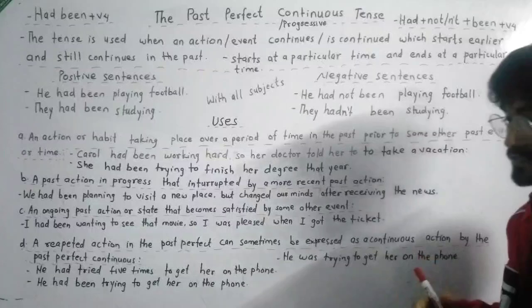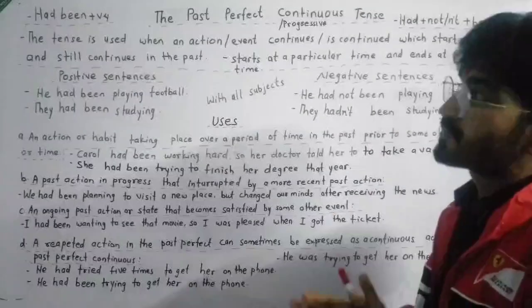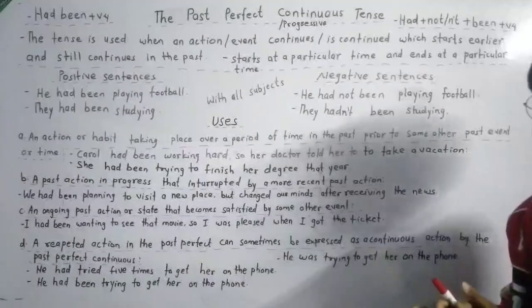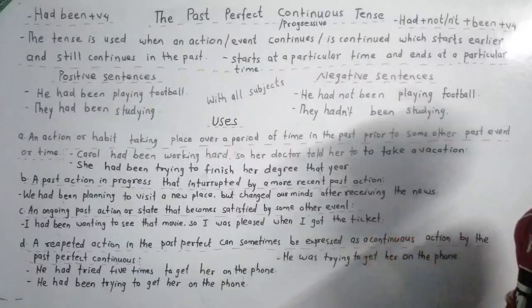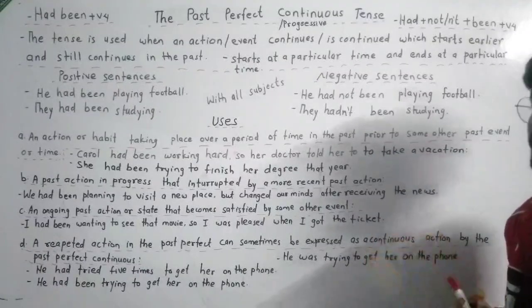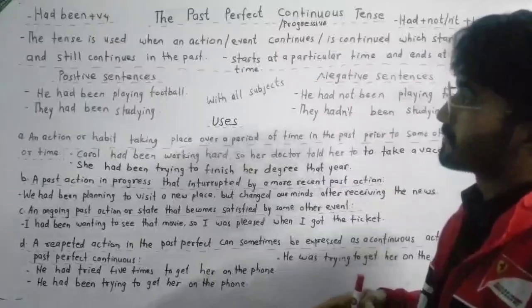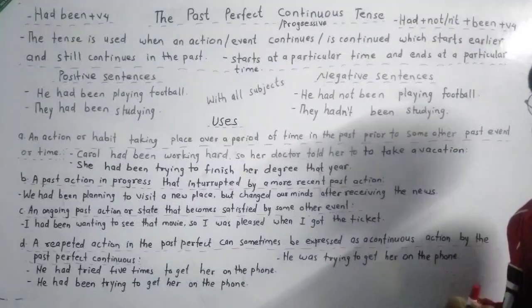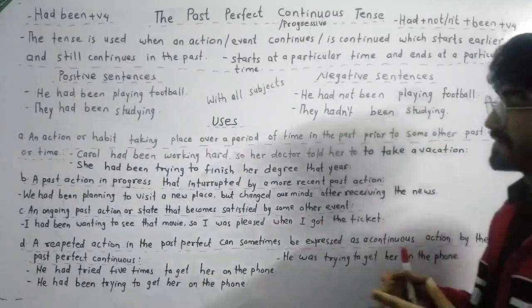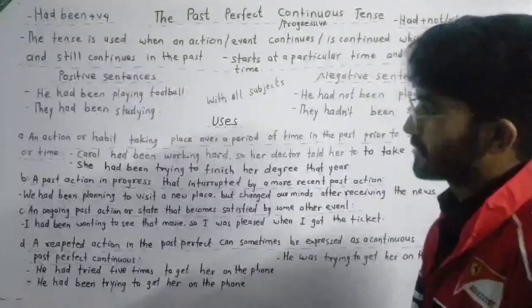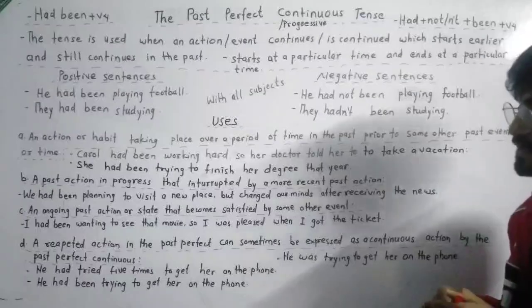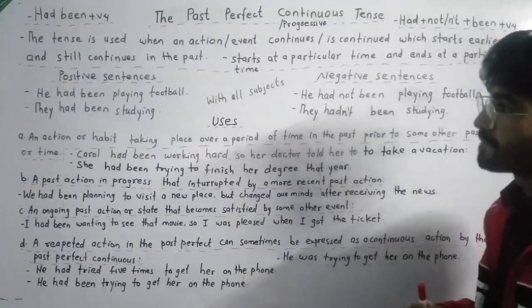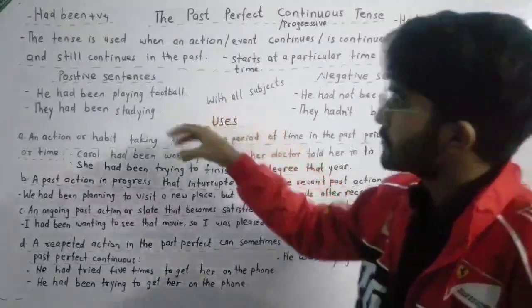Rather than using this aspect, people use the past continuous tense for this kind of information. But we have to understand it clearly, so that we could communicate very effectively and very nicely while talking to people and while writing. So let's talk about its uses.